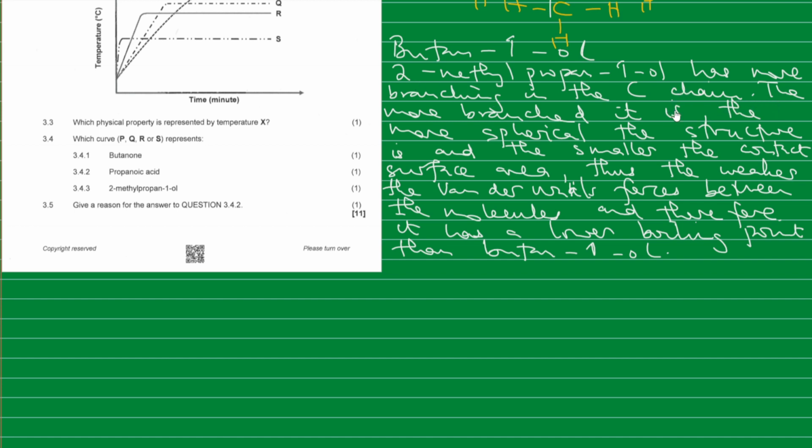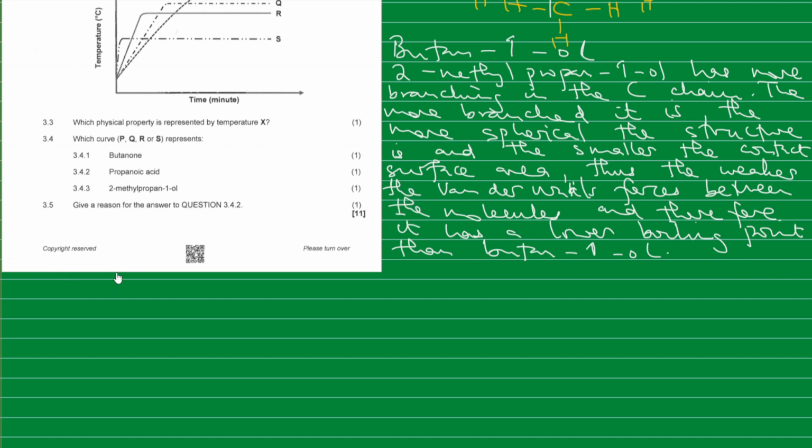The less the branching, the less spherical it is, and therefore it has a larger contact surface area, and therefore there are stronger van der Waals forces between the molecules, and therefore it has a higher boiling point. So that's what we have here.